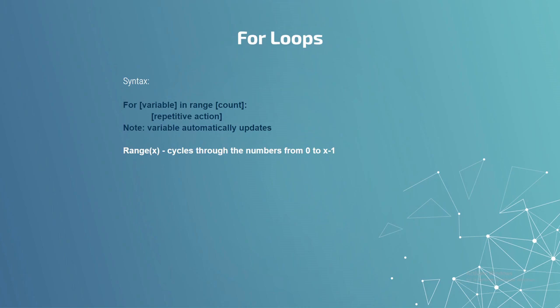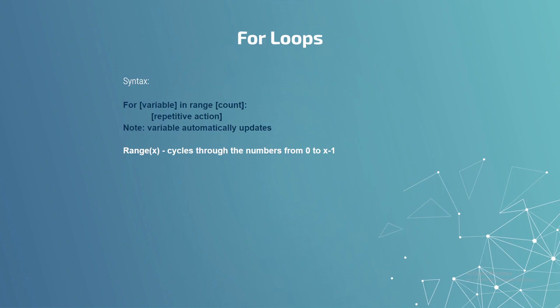The next most important loop in Python is the for loop. The specific syntax is: for a specific variable in range of anything or a count, you do a repetitive action. A specific note about for loops that differentiates them from while loops is that the for loop is about count. It is about the number of times something is done, not whether a certain condition is met. Therefore, the variable will automatically update.